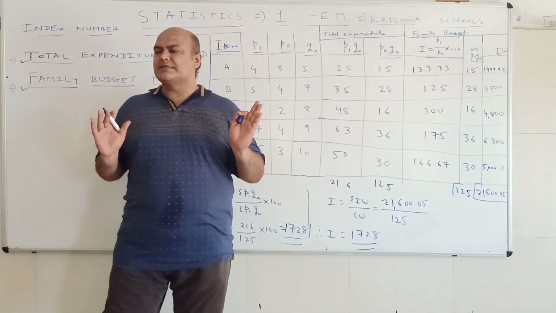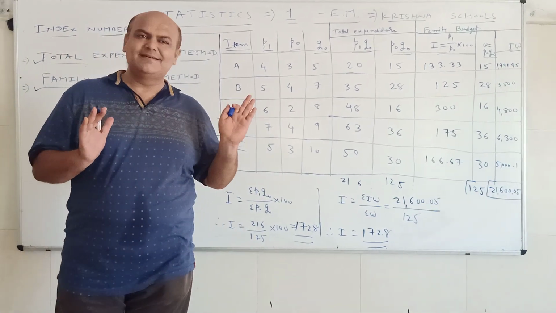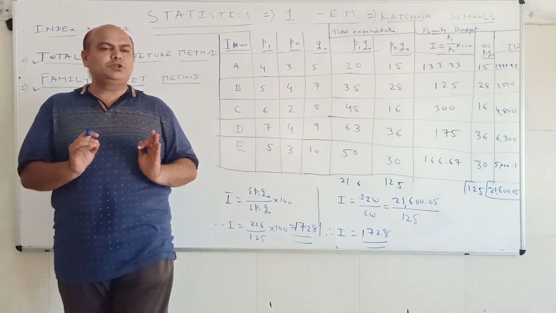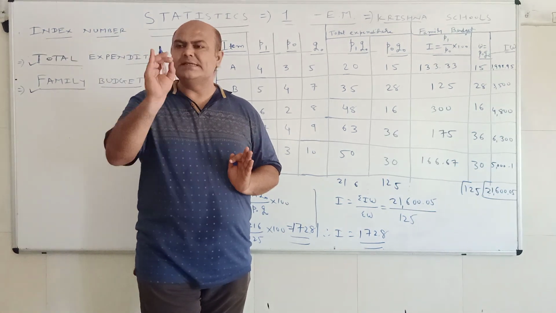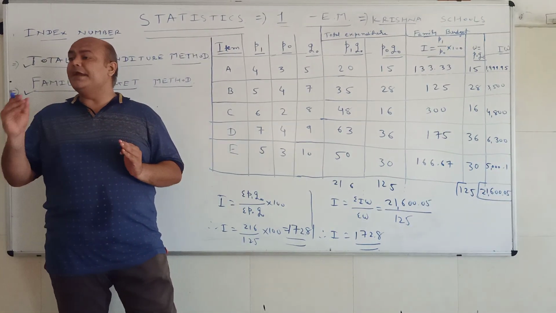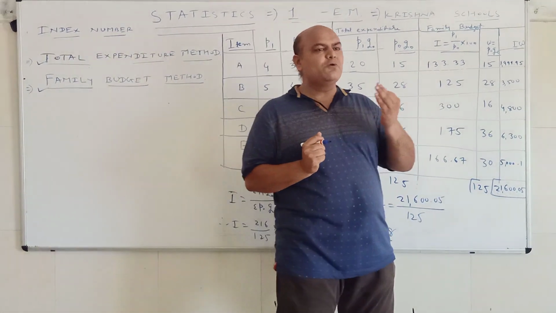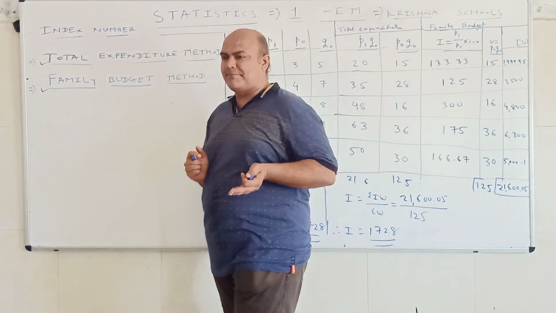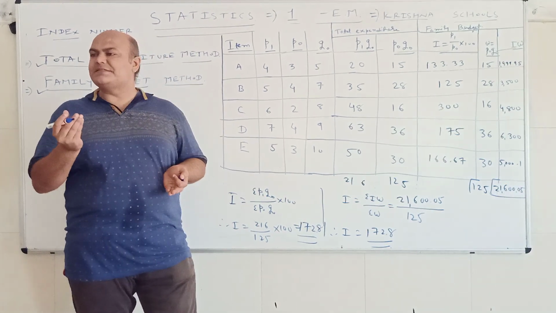Remember students, in both the family budget method and total expenditure method, the answer of index number is always the same. It means if at any time there is a difference in the answer of either method, then we have to check a second time whether we have made any mistake or not.